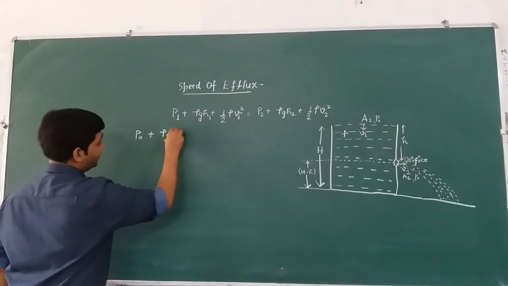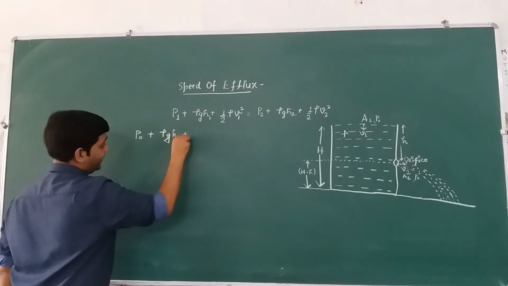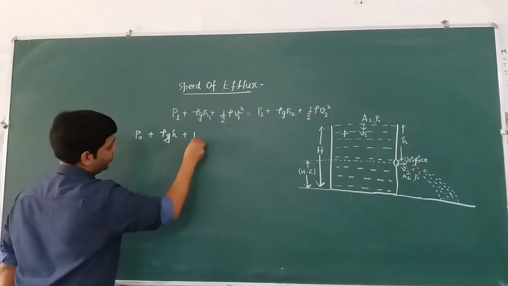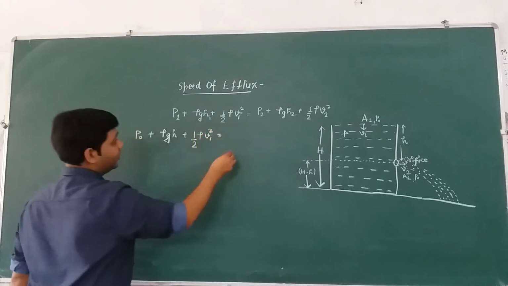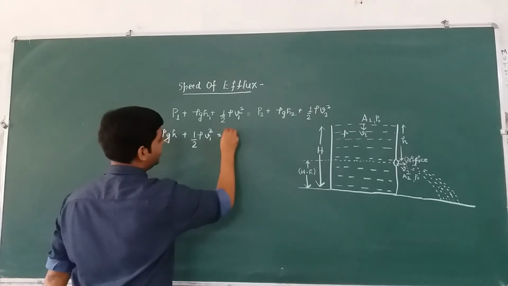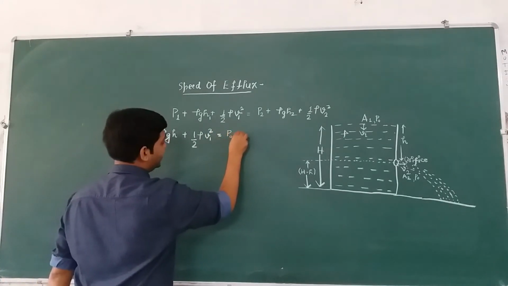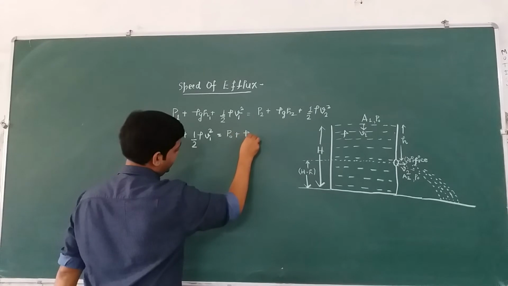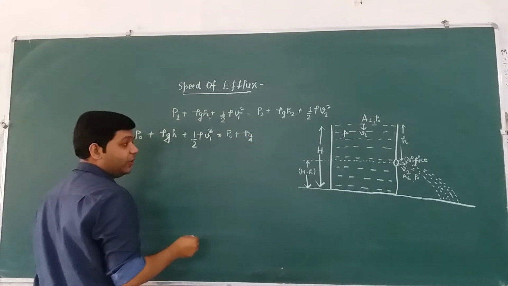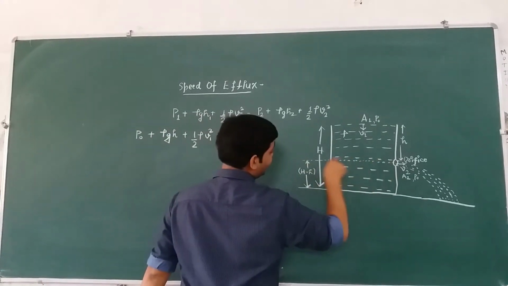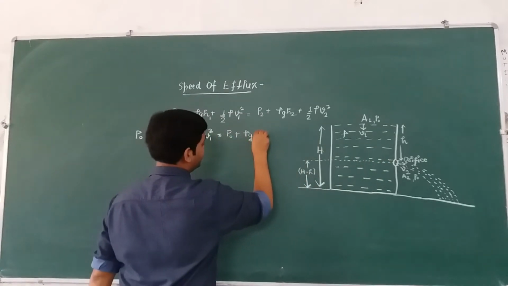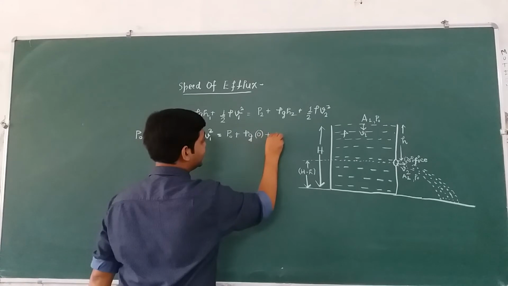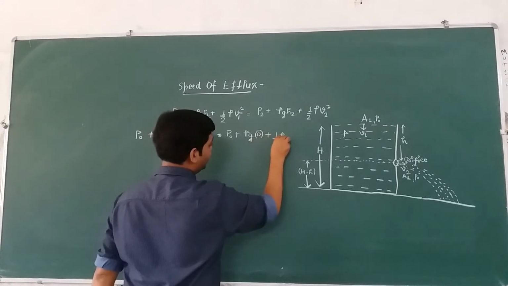So it will be P0 plus rho g h plus half rho v1 square is equal to, and what is the value of P2? P2 is P0 plus rho g h2, and what is the value of h2? Because we have taken this as the reference line, the height will be 0, so the value of h2 will be 0, plus half rho v2 square.